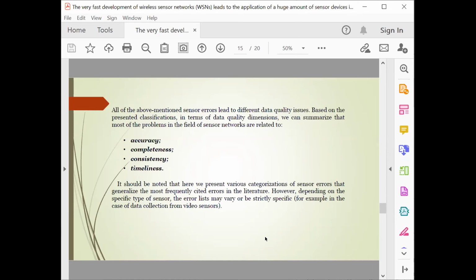Based on our previous research and using different classifications, we can summarize that most of the problems in the field of sensor network data are related to accuracy, completeness, consistency, and timeliness.